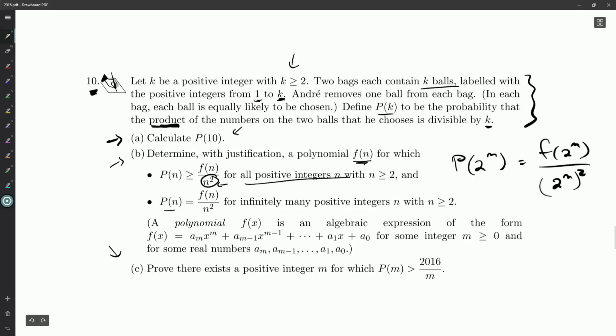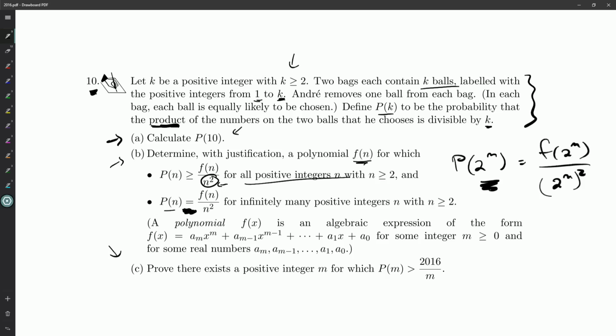Maybe there's something like that, in which case there's an infinite number of powers of 2, and it might not be powers of 2, it might just be powers of primes. I have no idea. Prime numbers, it could just be prime numbers, who knows? But we start thinking about an infinite number of possibilities. So this is sort of the bare minimum, and what they're saying here is the minimum is always achieved. In fact, it's achieved infinitely often.